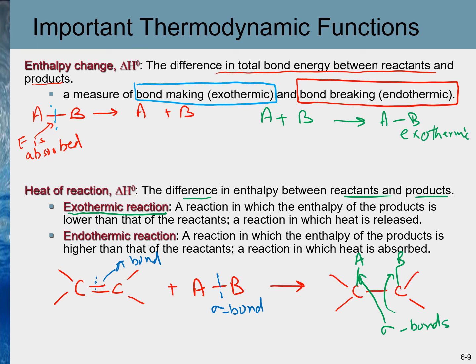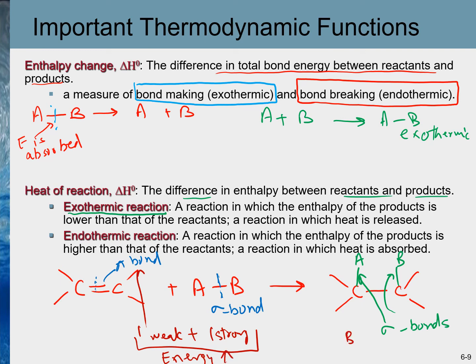As we know that pi bond is weaker than sigma bond, so when we break them, we break one weak and one strong bond. So these bonds need to be broken and they will require energy. So energy will go in.